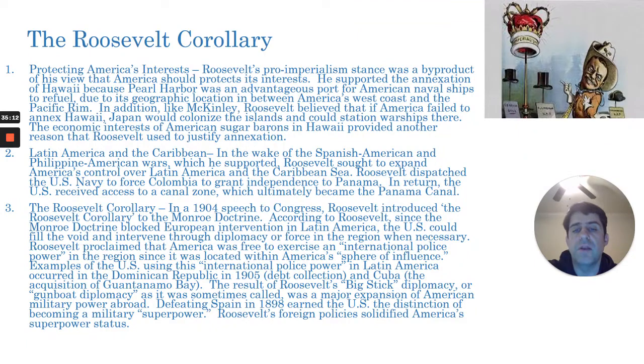He believed that all of that was geographically within the sphere of influence of America, as they were American territories, and America, in his view, should be able to basically go in there and protect its interests, either through military force if necessary, but preferably through diplomacy.